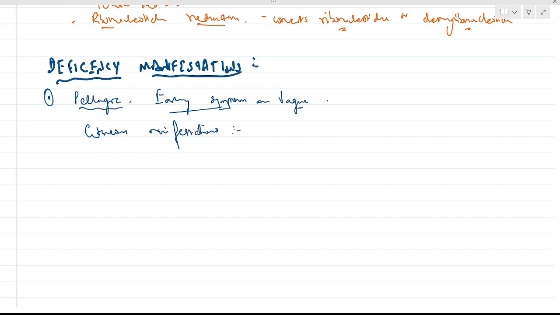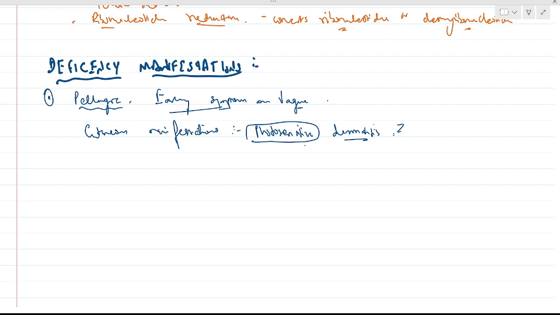Of which the most important is photosensitive dermatitis. This need not be confused with the photosensitivity in eyes in the deficiency manifestation of B2. This is entirely different.